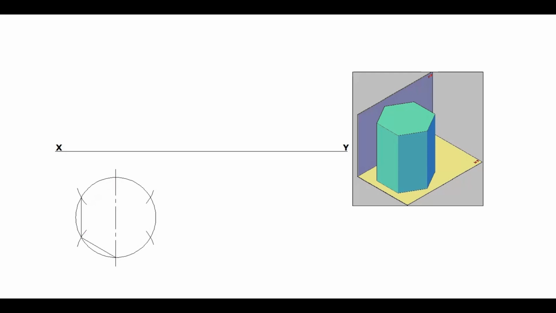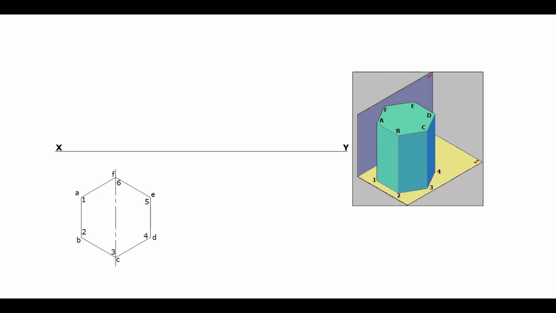Join these points to complete the hexagon. Bottom base corners are named as 1, 2, 3, 4, 5 and 6. The top base corners are A, B, C, D, E and F.